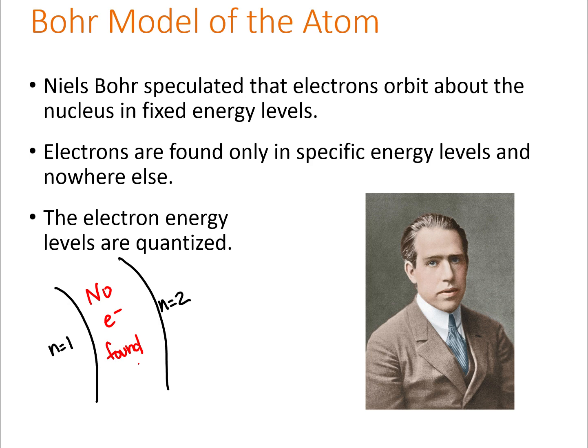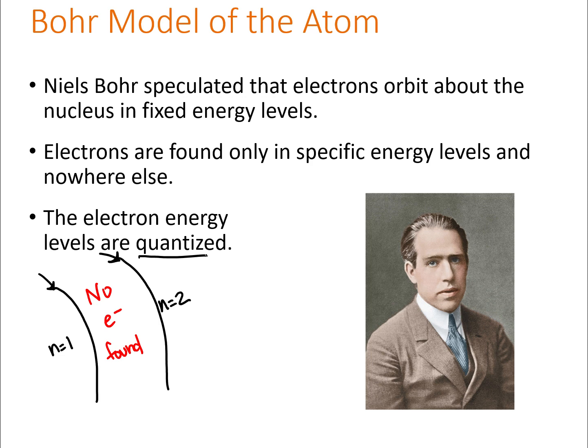You'll find electrons in this band, in this band, but you won't find it in between. So it's kind of like when you're going up or down the stairs. You can't really go up or down half a stair. It's either you're on one step or you're on the one below it or above it. No in between. That concept is what we mean when we say that the energy levels are quantized. There's a specific energy level associated with each one.